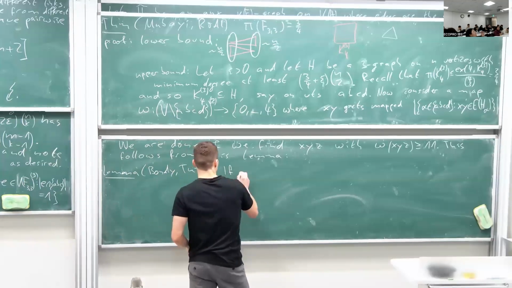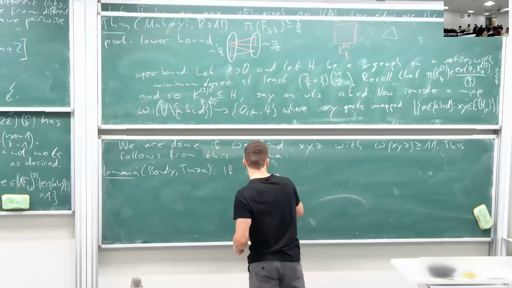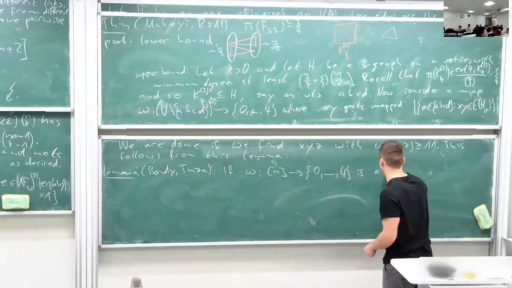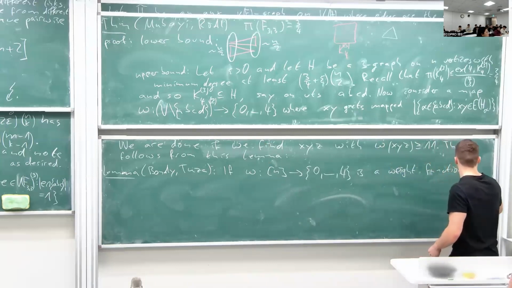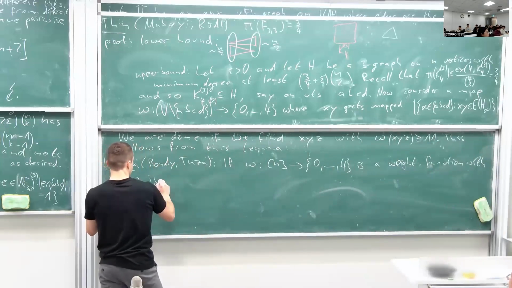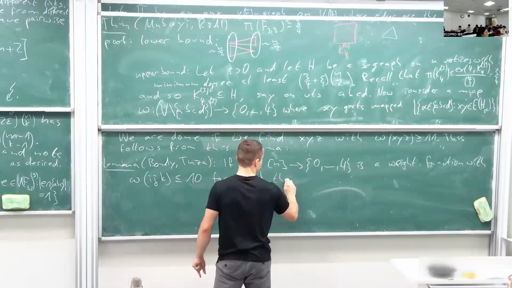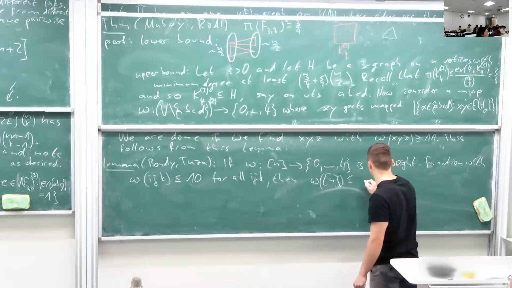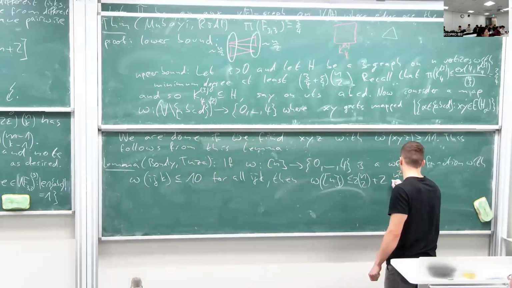And so what this says is that if this from n choose 2 to 0 up to 4 is a weight function with the weight on every ijk being at most 10, then the total weight is at most about n choose 2 plus 2n squared over 4.